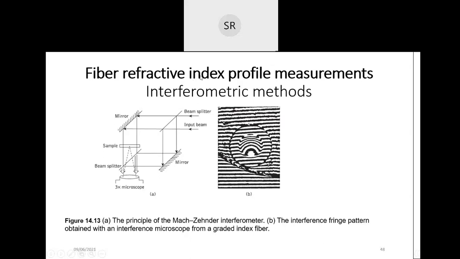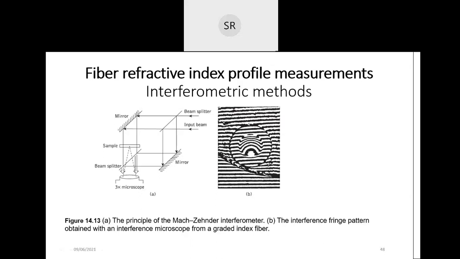So here the title is about fiber refractive index profile measurement. If you consider a step index fiber, there is an abrupt change in the refractive index profile. But if you consider a gradient index fiber, that profile varies according to the core radius of the fiber, which is the radial distance.